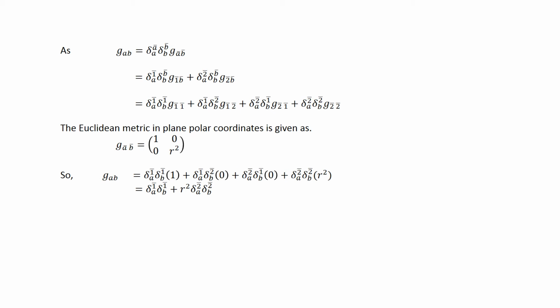So G 1 bar 2 bar and G 2 bar 1 bar, both terms become 0. Plus the fourth term of this equation, delta 2 bar A delta 2 bar B, and the value of G 2 bar 2 bar is r square.